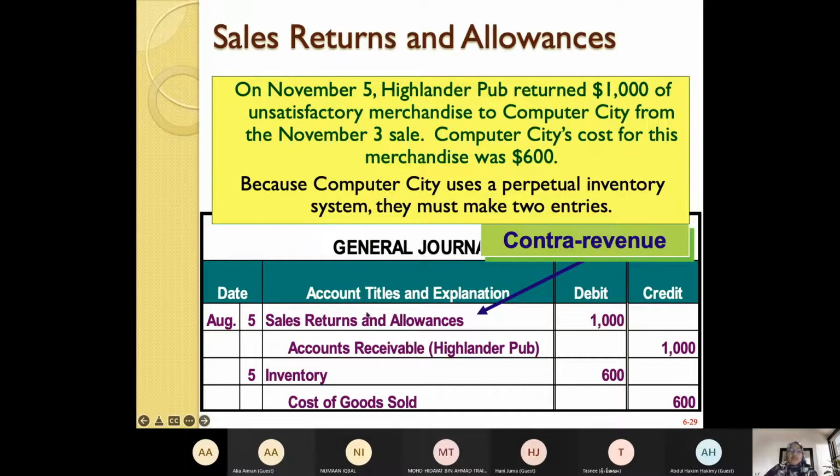So you debit your sales returns and allowances, credit your accounts receivable. Sales returns and allowances is debited because it's a contra account, contra revenue, contra to the sales account, and accounts receivable is credited.